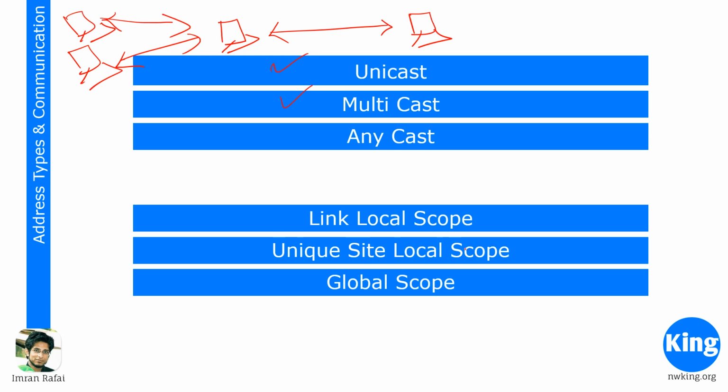And then there is another type of communication that you don't see in IP version 4, called anycast. What is anycast? Anycast is where you have multiple devices with the same IP address, and whenever you want to communicate with that IP address, the device that is closest to you would send you the reply, right? On the internet, we already have CDN, content delivery networks. If you go to a website like youtube.com, the whole world is not served from YouTube in California.